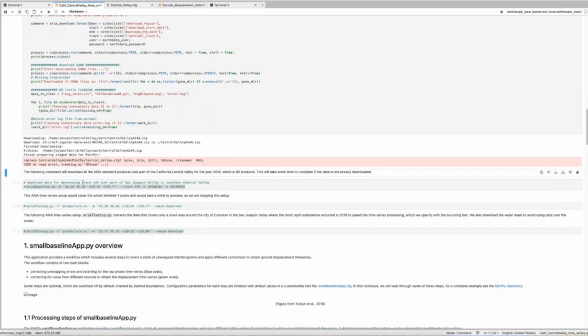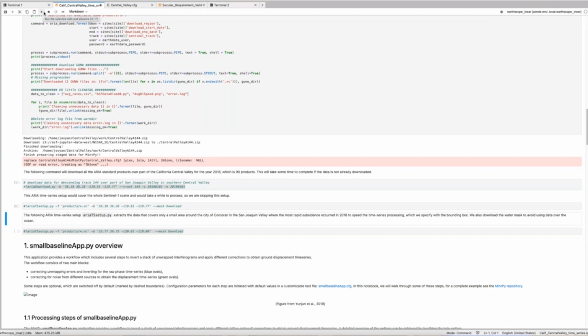It's downloaded 2 gigabytes in just a few seconds, or less than a minute. In this case, it's finished preparing the staged data because I've already done it. It unzips it. In this case I already unzipped it, so it just skips that step. But when you run this notebook, it'll do the unzipping.